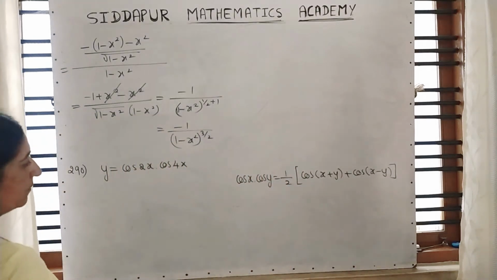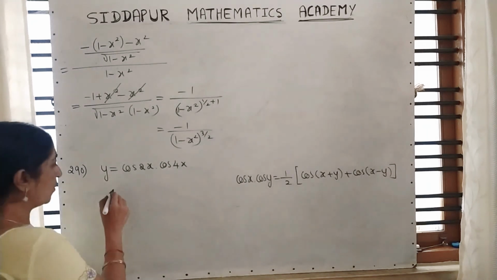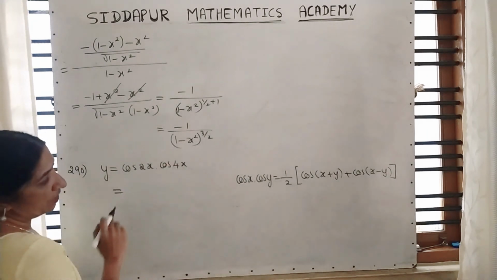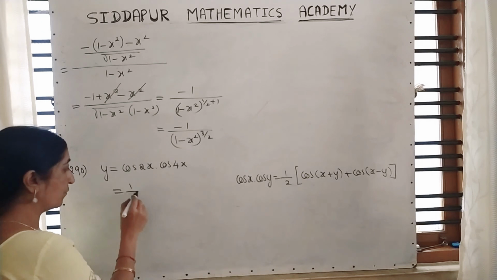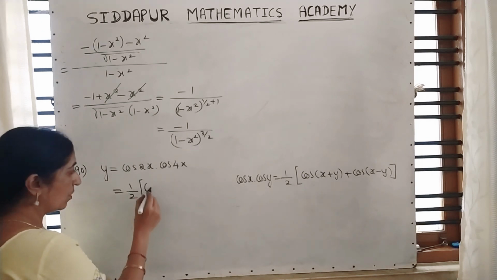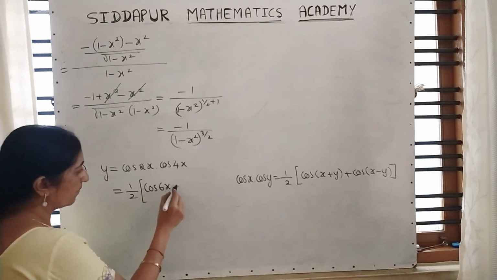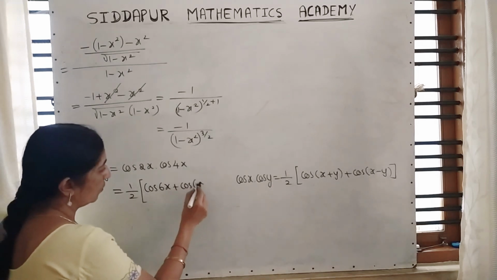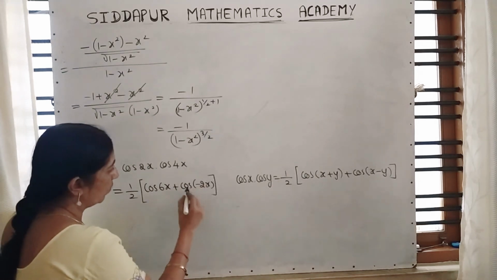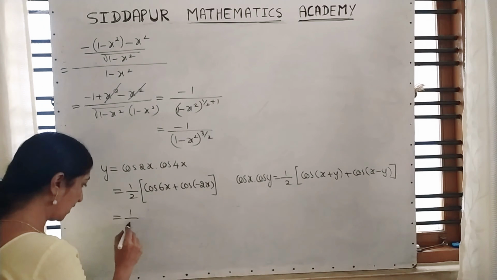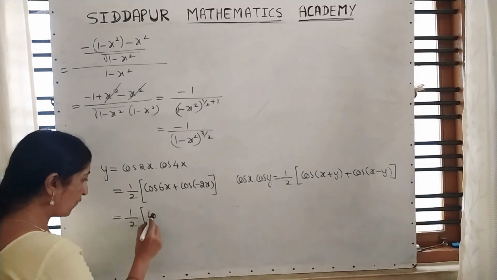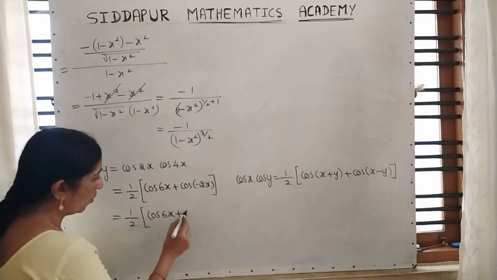Now apply that. Because when you apply that, multiplication is converted into sum, addition, 1 by 2 cos 6x plus cos of minus 2x. What is cos of minus theta? Cos of minus theta is cos theta.